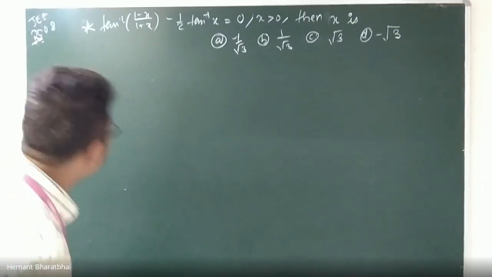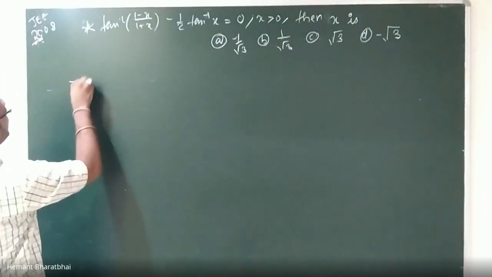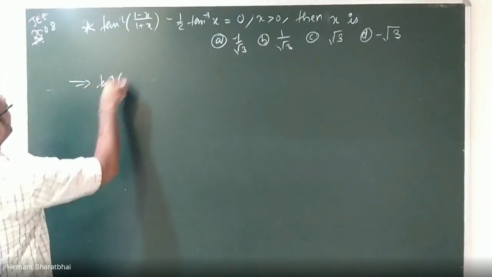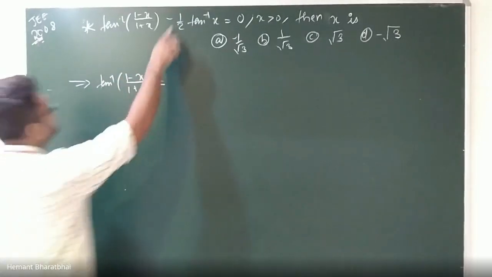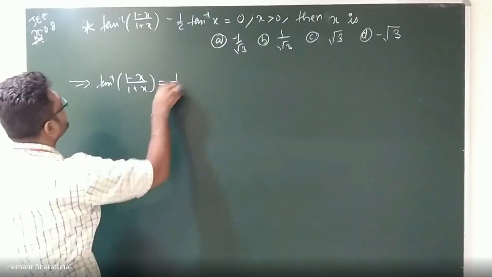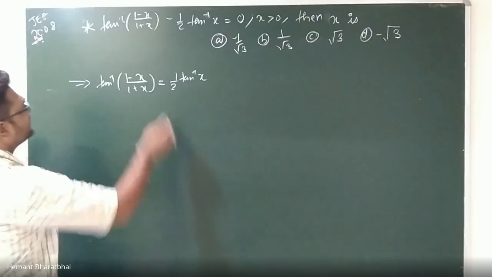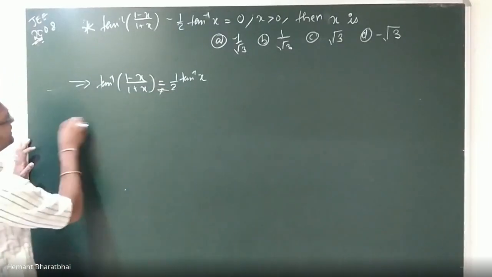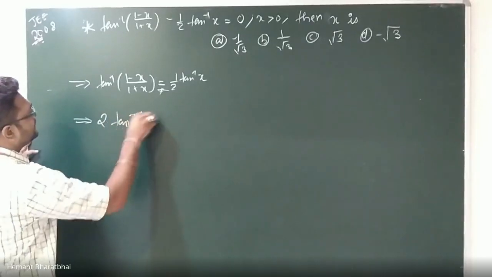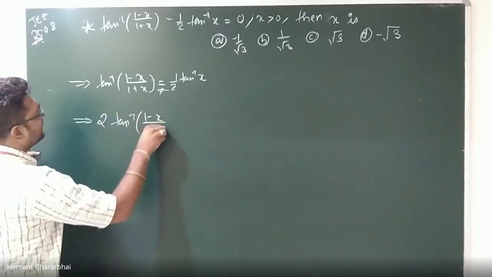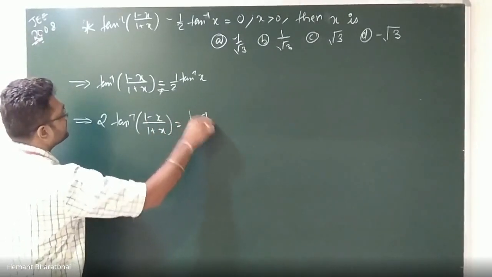If we see, here it is 0. If I take the term over there, I'll get tan inverse of 1 minus x upon 1 plus x is equal to 1 by 2 tan inverse of x. This 2 I take over here, so I'll get 2 tan inverse of 1 minus x upon 1 plus x is equal to tan inverse of x.